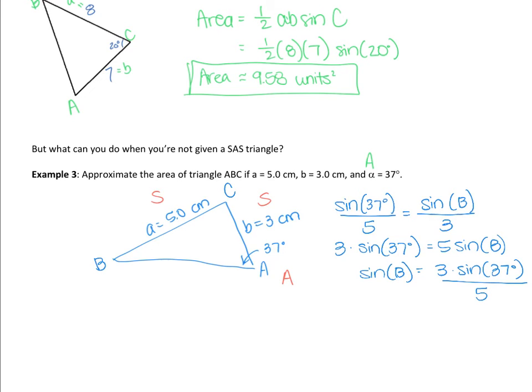All I did was divide both sides by 5. And so then measure of angle B is going to be equal to sine inverse of that fraction there. And when you plug that into your calculator, sine inverse of 3 times sine of 37 divided by 5, I get 21.17 degrees.